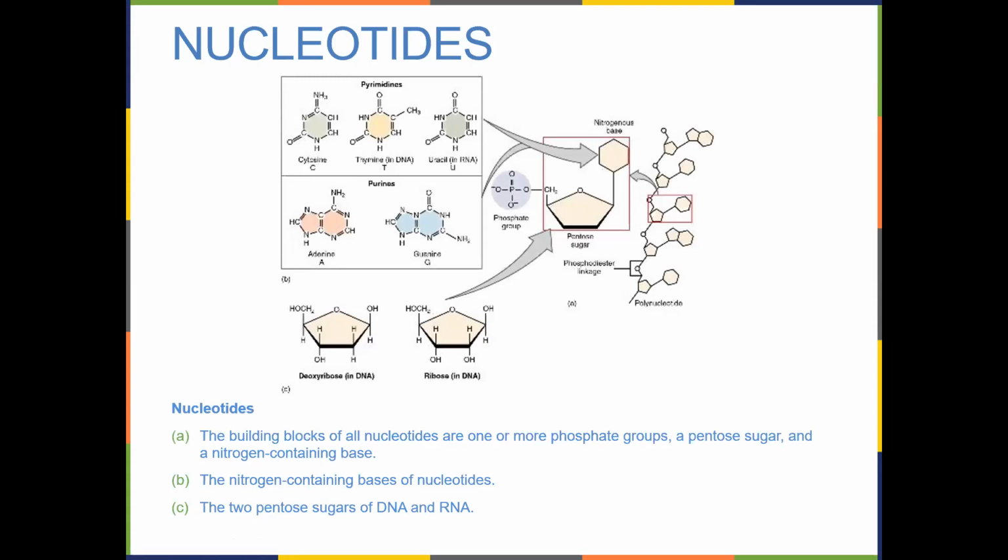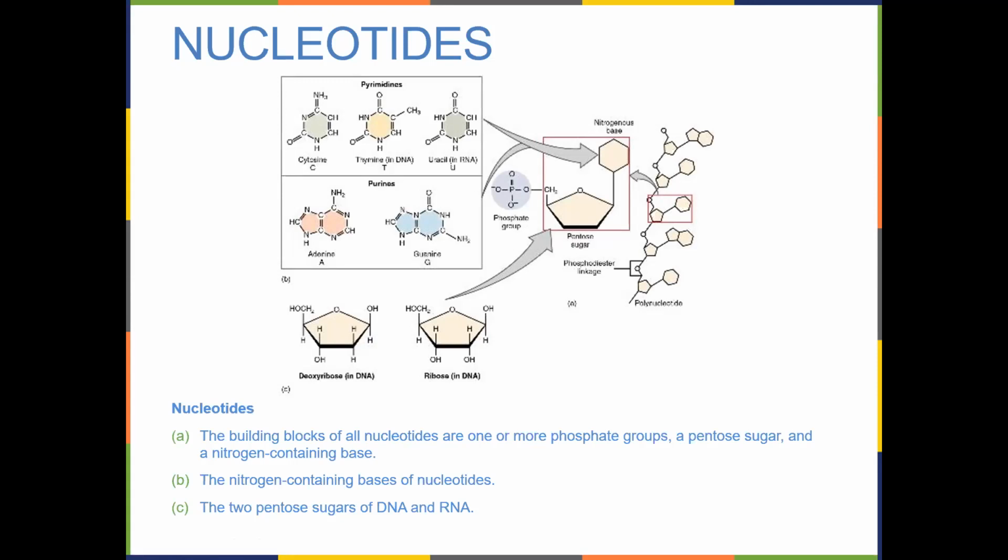The nucleotides are going to be the phosphate group attached to a pentose sugar, a 5-carbon sugar, with a nitrogenous base there. There are 5 different bases. We have cytosine, thymine, uracil, adenine, and guanine.